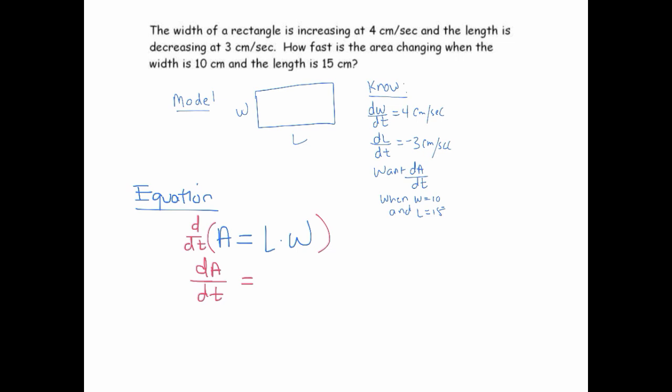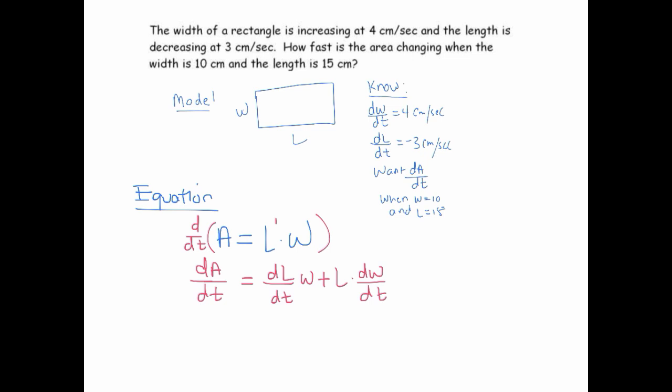We need to use the product rule. So take the derivative of L, dL/dt, you can think of it as 1 times dL/dt, but it's just L to the 1. So dL/dt, leave the W alone, plus leave the L alone. The derivative of W is 1 times dW/dt.